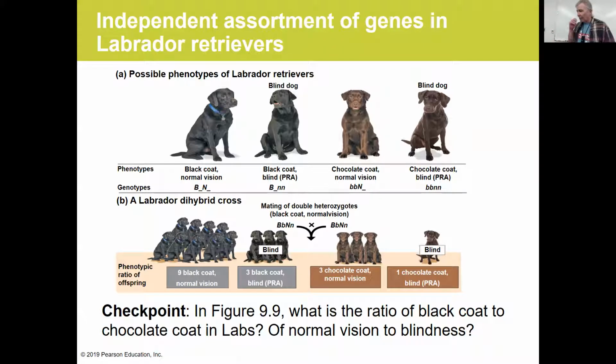Same thing with blindness. How many normal animals? Got 9 normal here, 3 normal here, 12 out of 16 are normal vision. How many blind animals? 3 here, 1 there, that's 4. 12 to 4, same thing. It's 3 to 1. So it's like 2 nested monohybrid crosses.